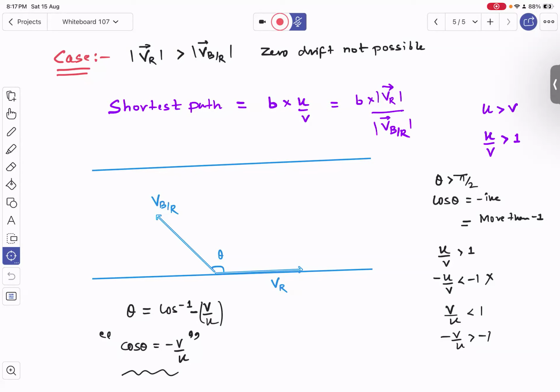How to derive it? That is basic math, not something physics. But still, the result you can't forget, no? Understood, no? Yes, sir.